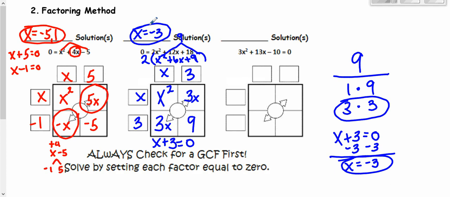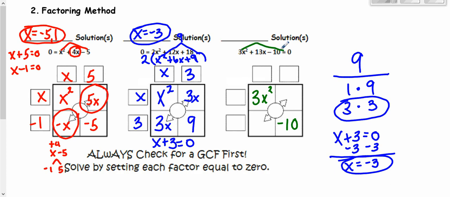Okay, so my last one, I'm going to first look to see if I have a greatest common factor. Make sure that you have actually tried this first and then come back to the video if you haven't. Okay. So I know 3x squared belongs here. Negative 10 comes from here.